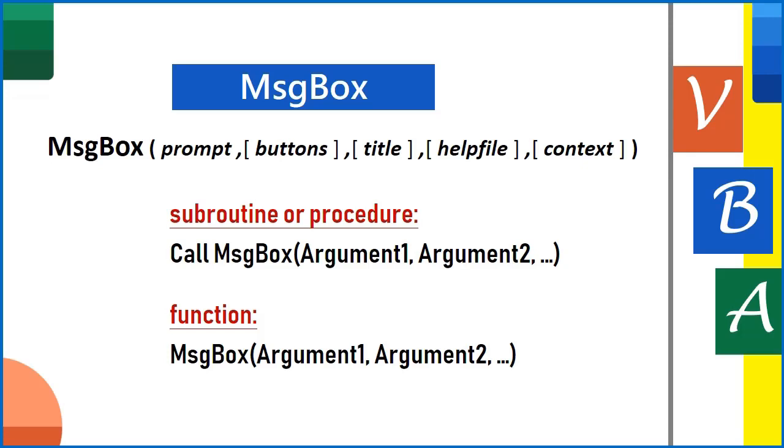When using MsgBox as a function, use the name MsgBox, followed by parentheses and the prompt, and separate the arguments with commas. Then MsgBox should work properly whether it is used as a function or procedure. By the way, in the context of VBA, both subroutine and procedure are often used interchangeably to refer to a block of code that performs a specific task but does not return a value.